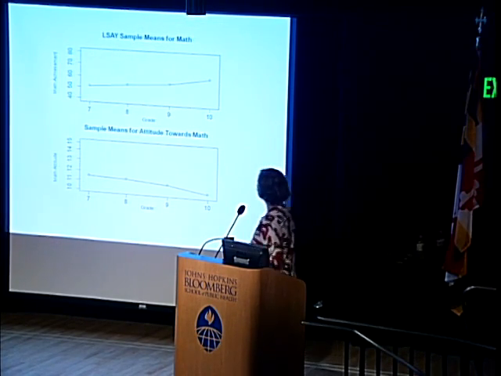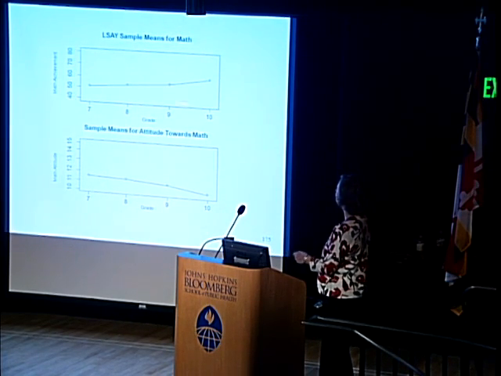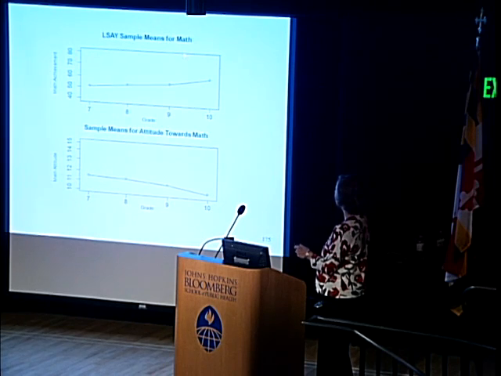All right. So you're familiar with the picture at the top. We've been looking at that a lot today. The mean growth curve for grades 7, 8, 9, and 10 on math. But then let's take a look now at the sample means for the attitude toward math. We see that from grades 7, 8, 9, and 10, the math attitude goes down.